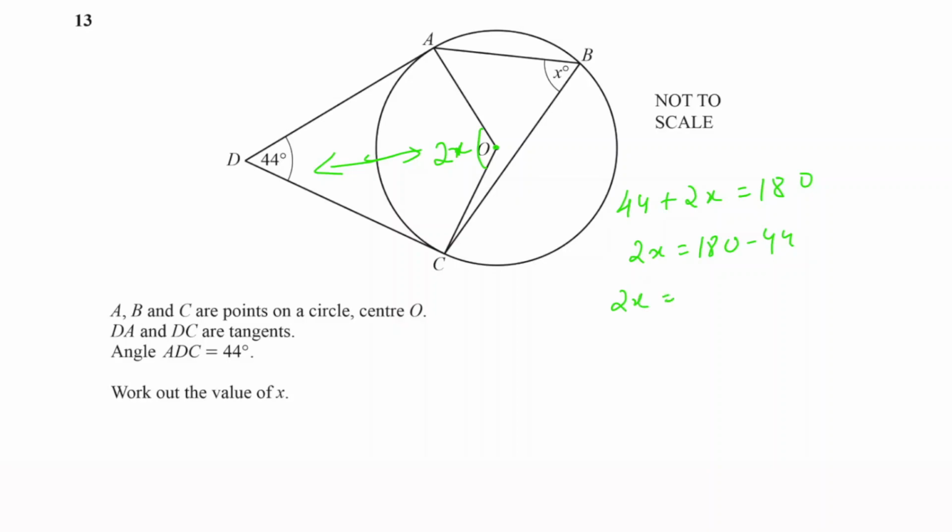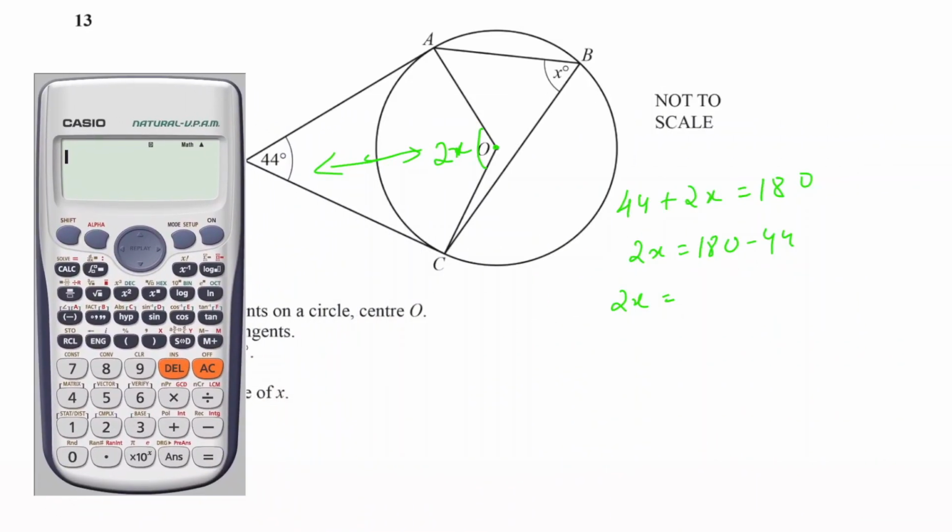180 minus 44. Let's use a calculator. Okay, let us try using a calculator to subtract the values. So 180 minus 44 is 136. Okay, so that is 136, and the value of x will be 136 divided by 2.